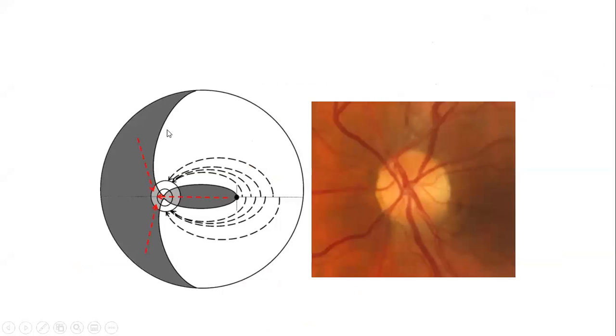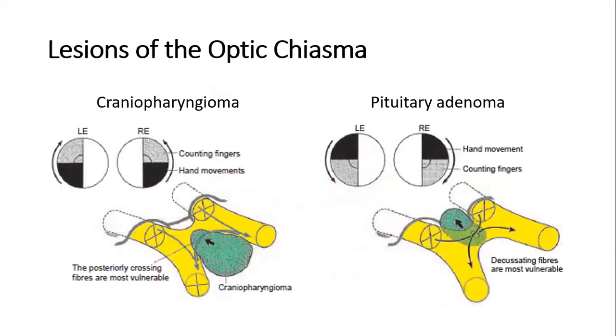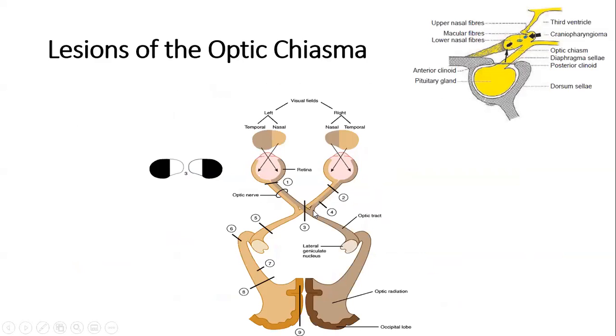So when we saw the arrangement of fibers, we saw macular fibers are going to the temporal aspect of the optic disc, and nasal fibers, which are the crossing fibers, go to the nasal aspect of the optic disc. Superiorly and inferiorly, we have the temporal portion, like temporal axons or the ganglion cells temporal to the macula, which go to the superior and inferior aspects. Now these are fibers which are not going to cross. They are going to go on the same side. So this is the lateral part of the optic chiasma. So they go undeviated.